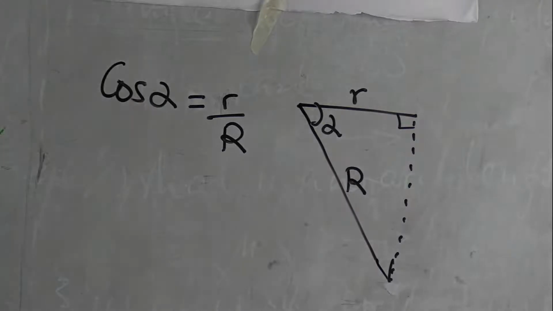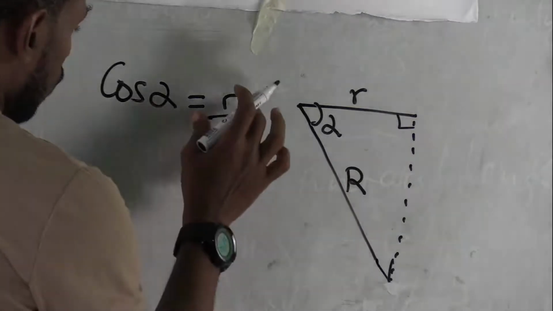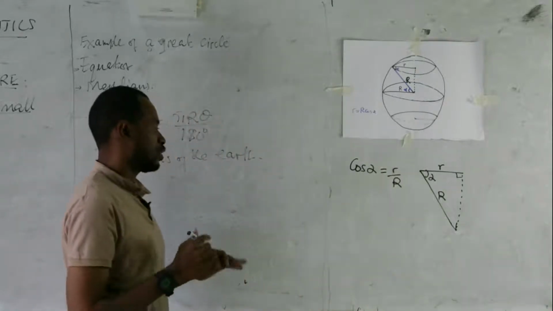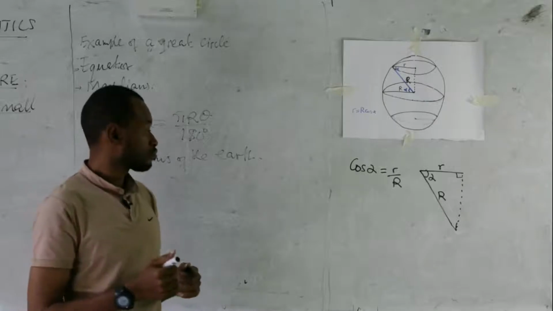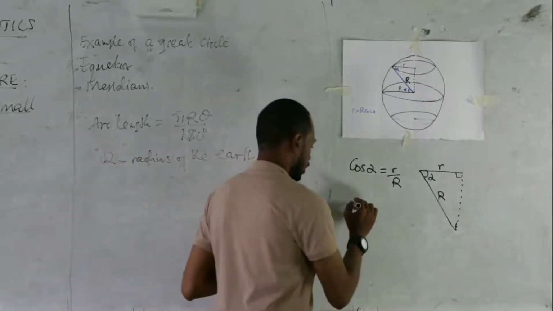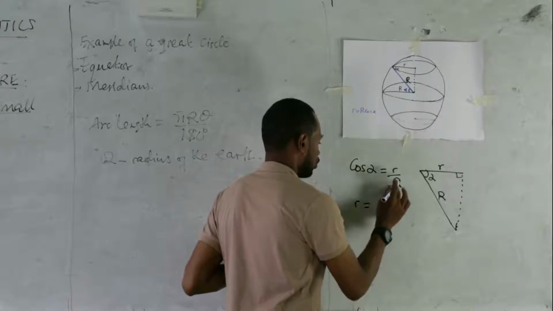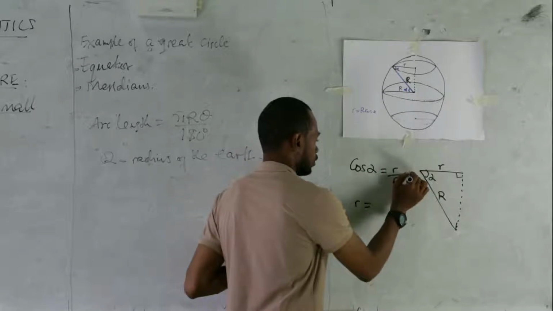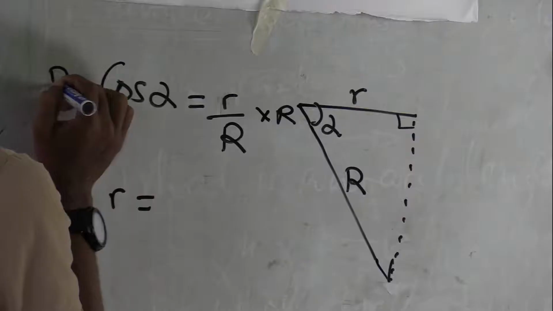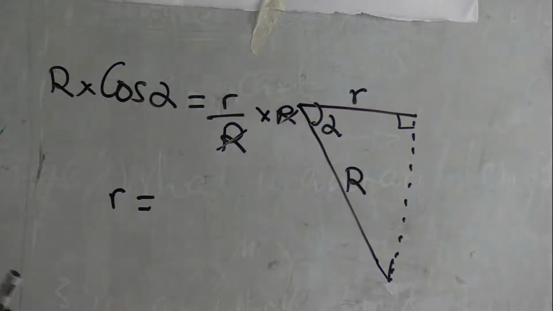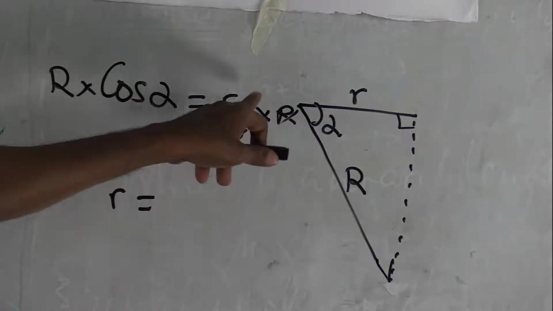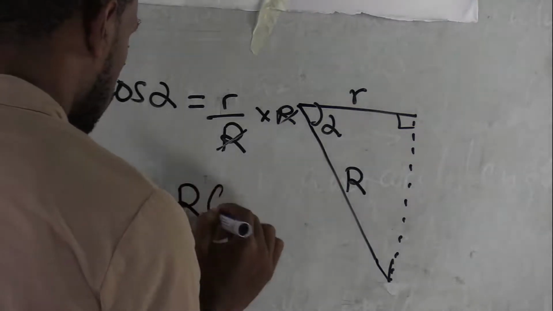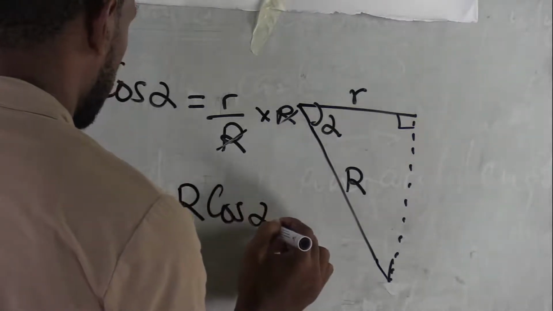So now, can we find the value of small r if we make it the subject of the formula? Yes. We multiply both sides by R, so the R's cancel on one side, leaving only small r, and this is equal to capital R cos alpha.